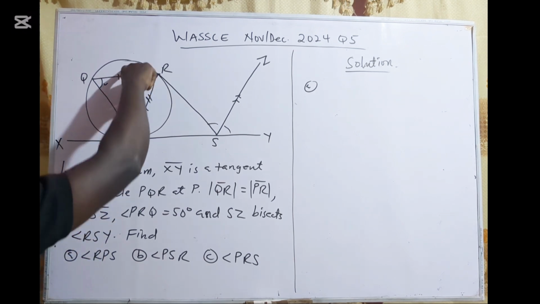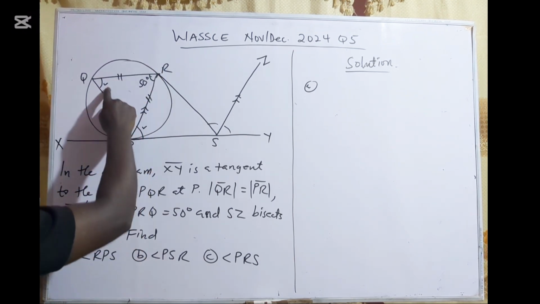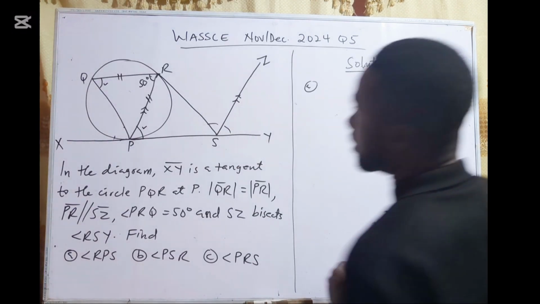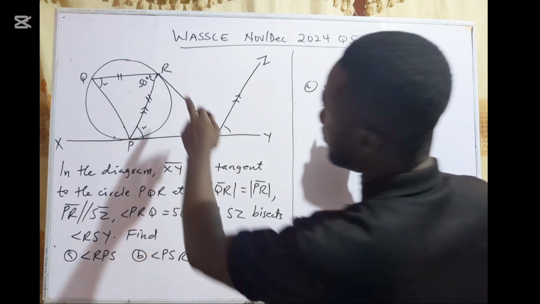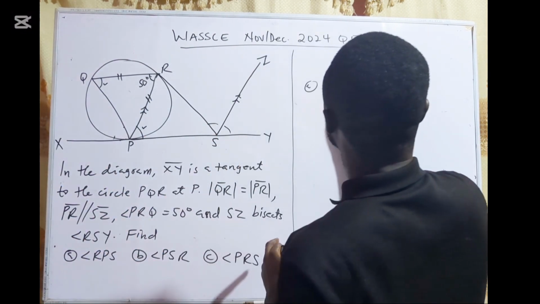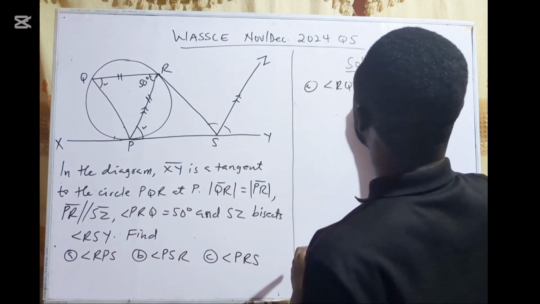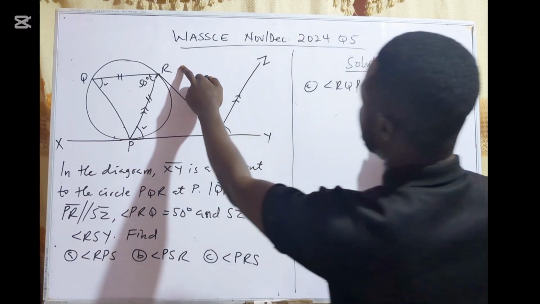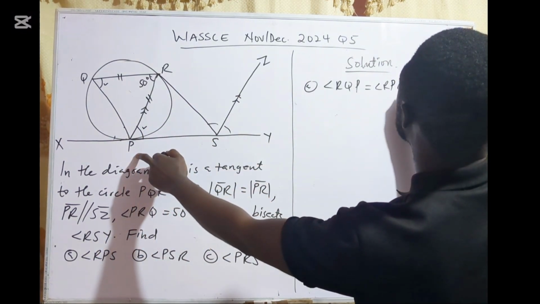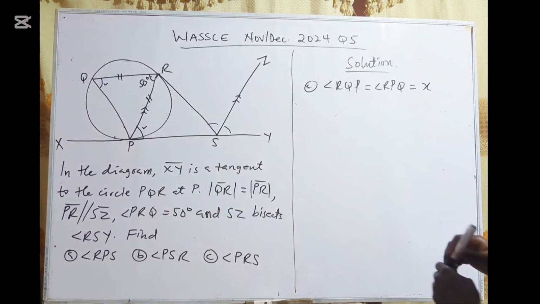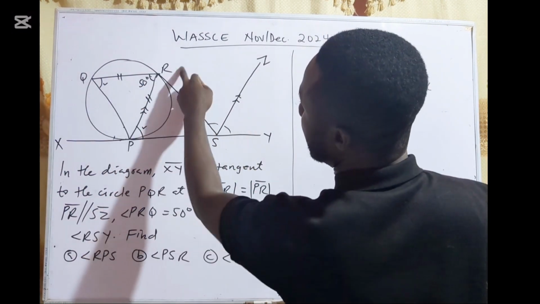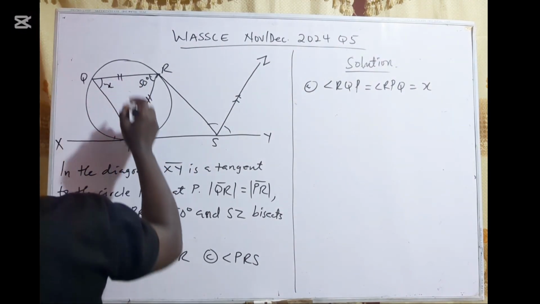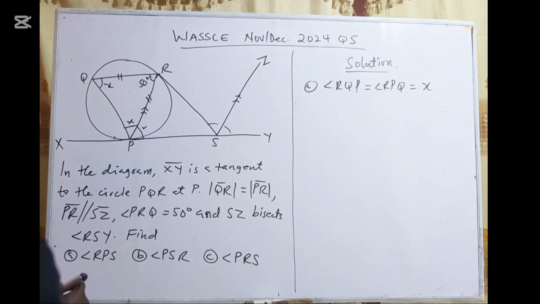So angle RQP is the same as angle RPQ, and let's represent it by x. If here is x, here is also x. These two angles are the same.